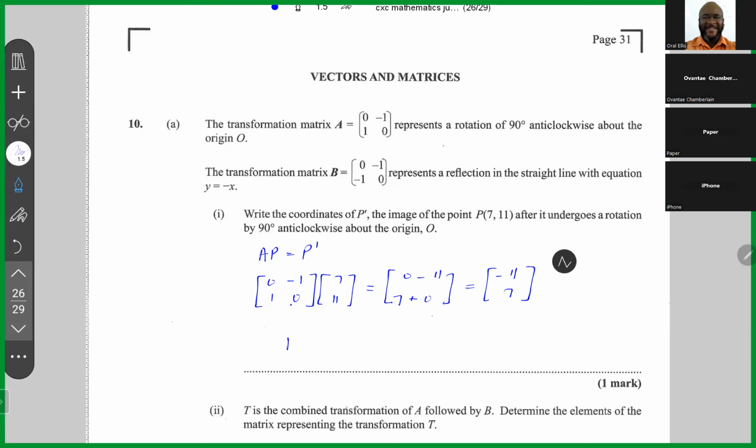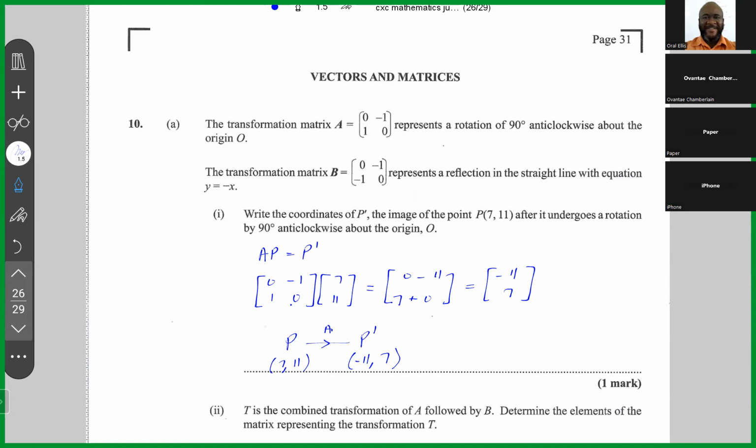And so P, which is 7, 11, under A becomes P prime, which is -11, 7. So multiplying it doesn't hurt. Essentially what this transformation does is that it switches the coordinates and changes the sign of the x coordinate.